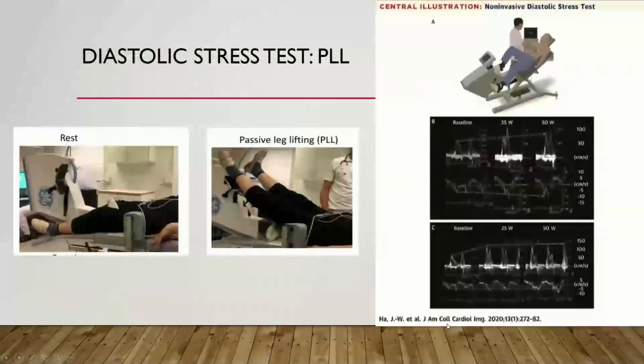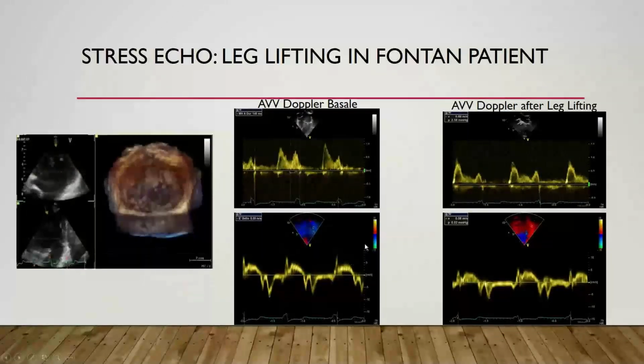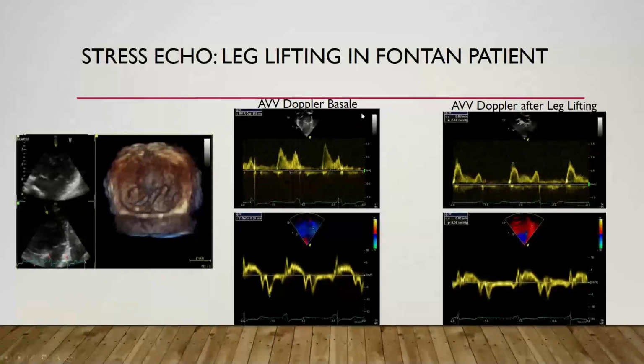And also, we may use exercise tests to try to understand something more about diastolic function in complex patients, like, for instance, a Fontan patient. This is one example of a Fontan patient with a double inlet left ventricle, and this is the Doppler of the AV valves in basal condition and after leg lifting.